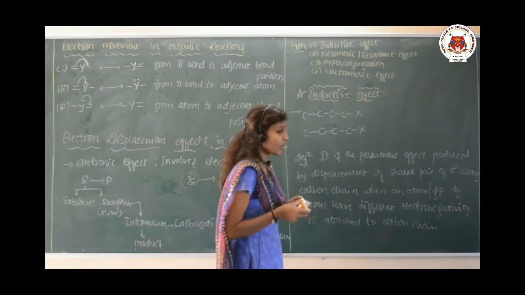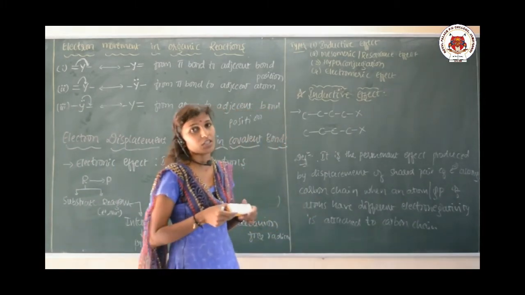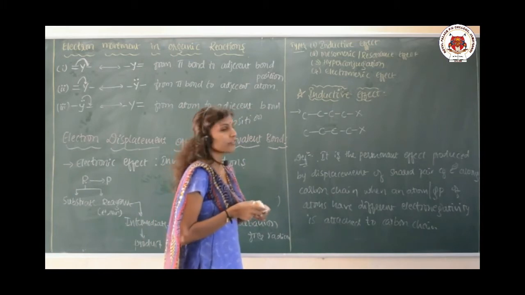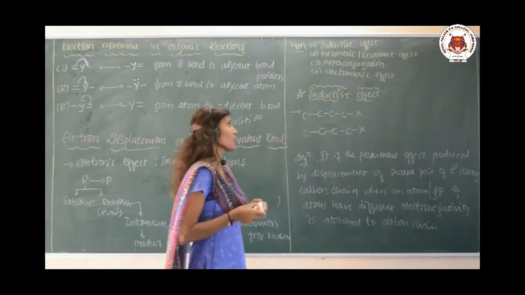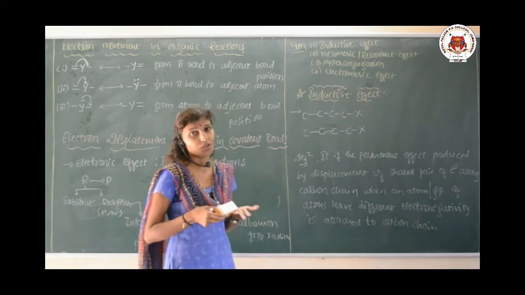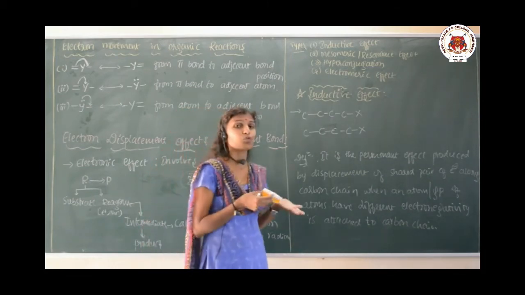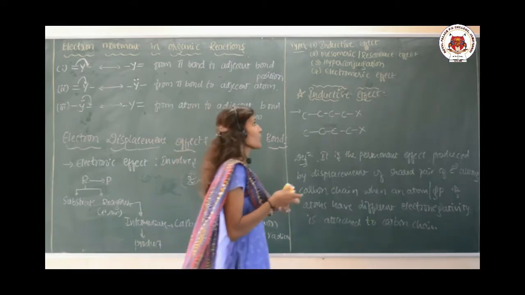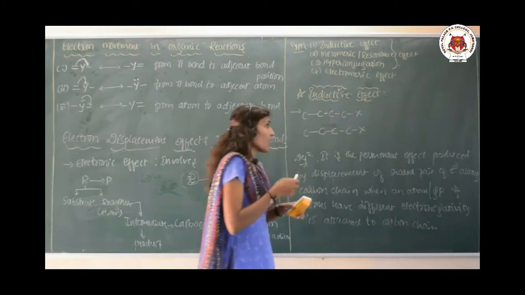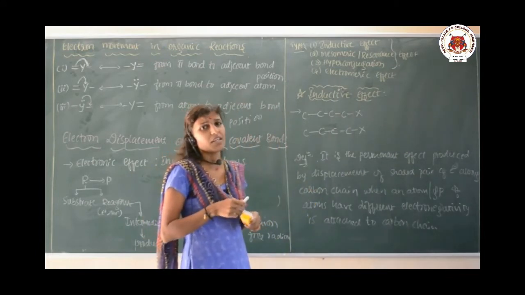There are mainly 4 types of electronic effects. The first one is inductive effect, the second one is mesomeric or resonance effect, the third one is hyperconjugation effect, and the last one is electromeric effect. These 3 are the permanent effects, and the last one is the temporary effect.